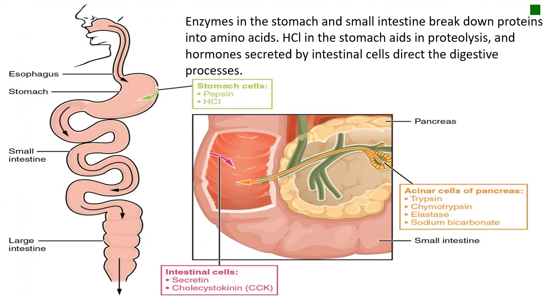This trypsin then binds to chymotrypsinogen to convert it into active chymotrypsin. This chymotrypsin breaks down large proteins into smaller peptides, a process that is called proteolysis. So when the protein is broken down into smaller peptides, that is what you call proteolysis.